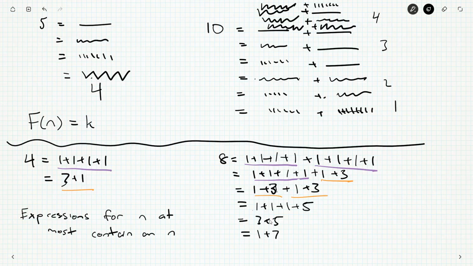Okay. But expressions for 2n, there's a whole mess of odd numbers after this that are between n and 2n. And so, for example, with the 4 here and the 8 here, you'll never get a 5 in any expression for 4, but we can do 5 plus 3, and 5 plus 1 plus 1 plus 1, and 7 plus 1. These are things that we couldn't have had before.